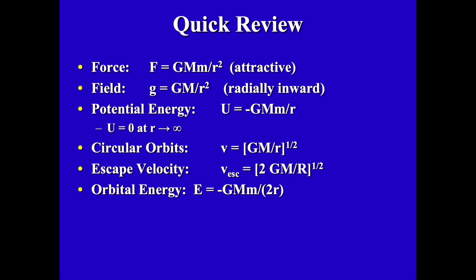You need to be able to derive that. So in an exam, if you're given a problem where you have an object going in a circular orbit, I really don't want you to just use that equation. What I want you to do is be able to derive that equation. Otherwise, you'll lose points.